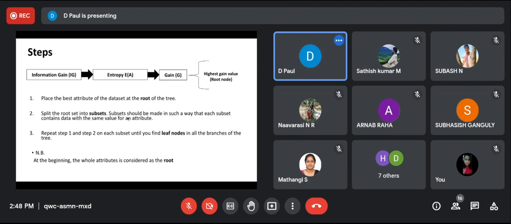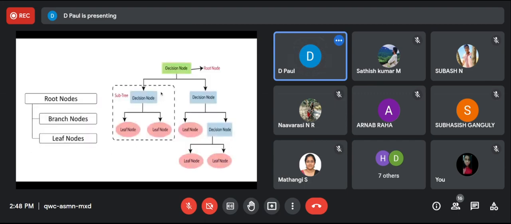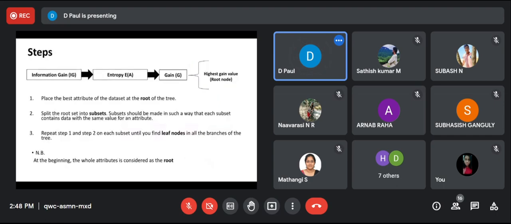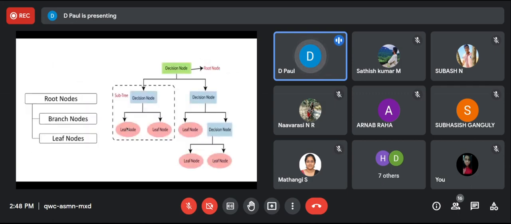And then that particular root attribute's subset is made as the branch node. And these two steps keep on continuing until we reach the leaf nodes.